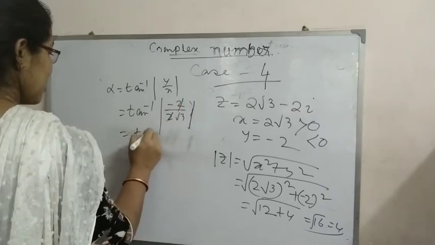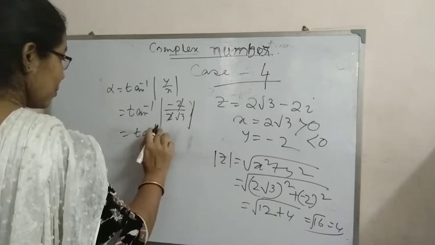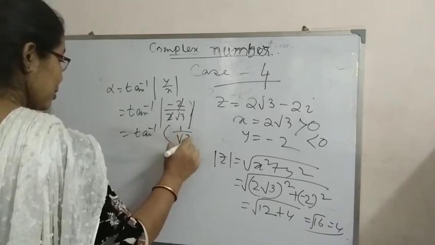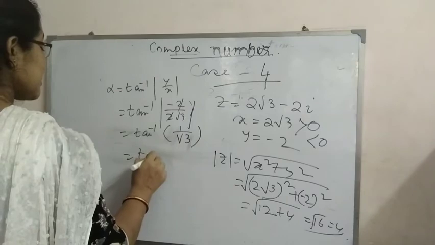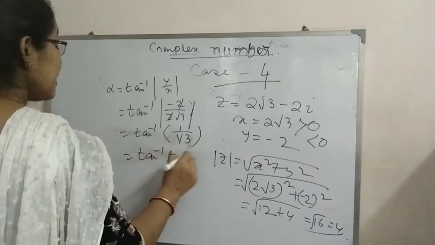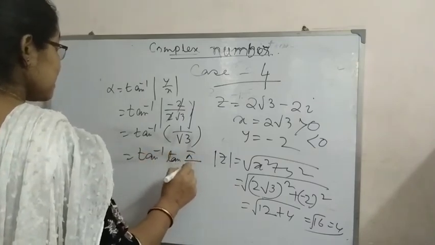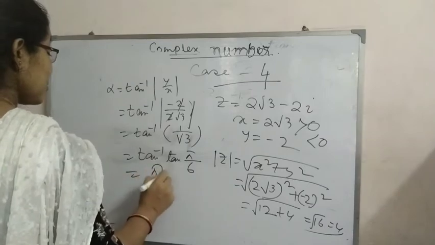And alpha equals tan inverse mod y by x, that is tan inverse of minus 2 by 2 root 3, that is 2 cancels out. Tan inverse, I will take the absolute value, that is the positive value. This is equal to tan inverse tan pi by 6, and this is equal to pi by 6.